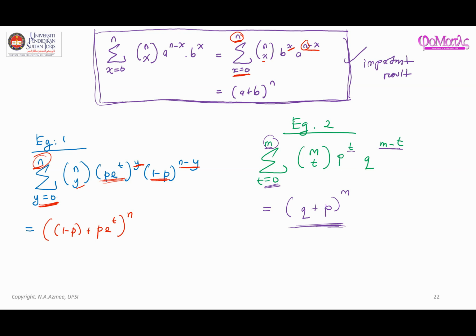Okay, I think that's the idea really about the binomial expansion, and I hope that this is beneficial to you, and you'll be able to use it for, you know, the parts of proving MGF and so on.